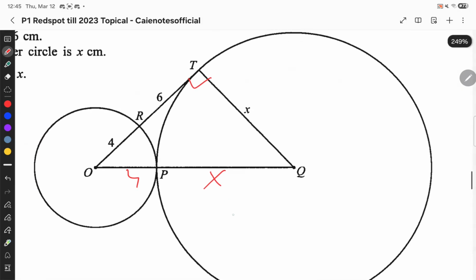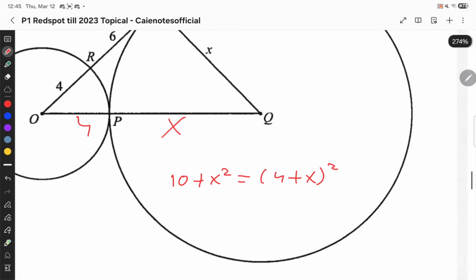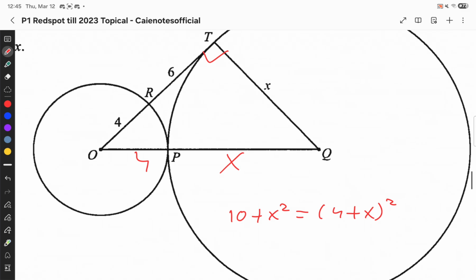We know 10 plus x squared equals 4 plus x, quantity squared, and we know there is going to be an omission of a negative somewhere, or omission of an angle.